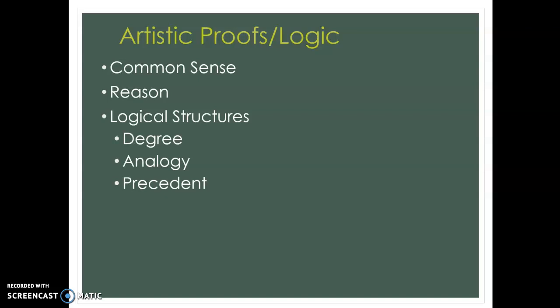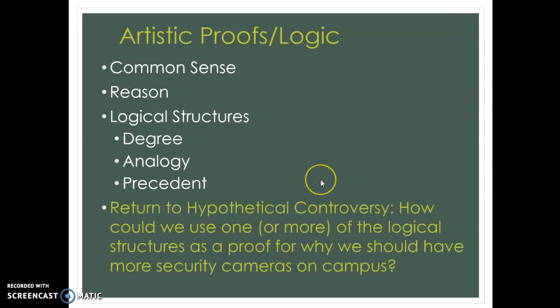Okay, so part two of part one of the journal asks us, in that same hypothetical controversy about whether UCM should have more security cameras, to choose one of these: degree, analogy, or precedent, and then come up with a proof for why we should have more security cameras on campus.